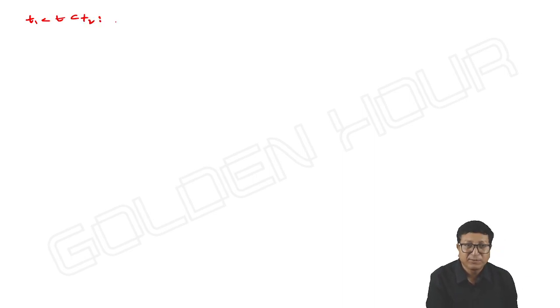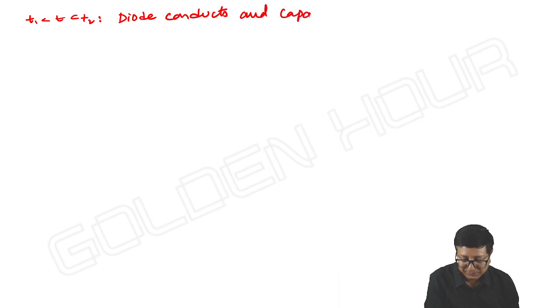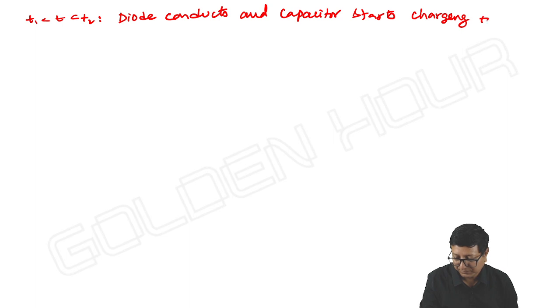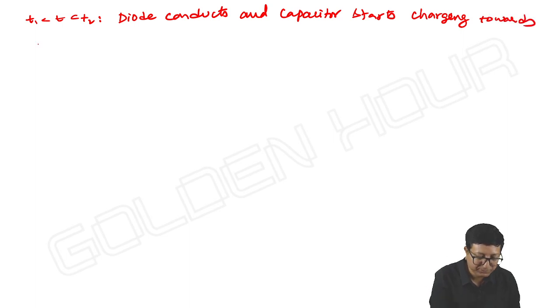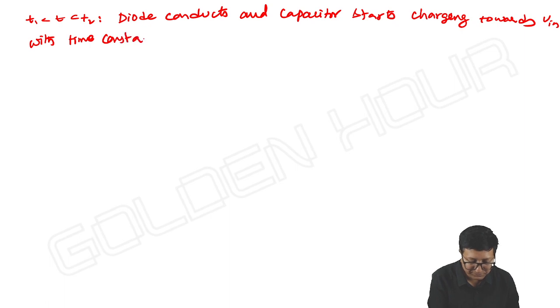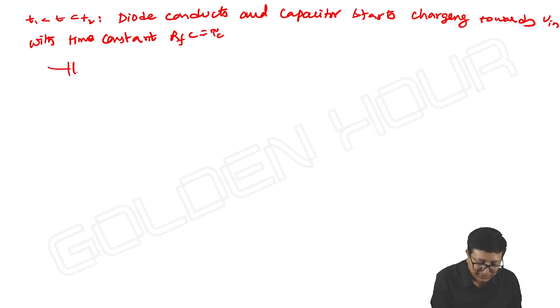During that time, what happens? Diode conducts. And capacitor starts charging towards V input with time constant tau C equal to RF into C. Means the equivalent circuit is like this.